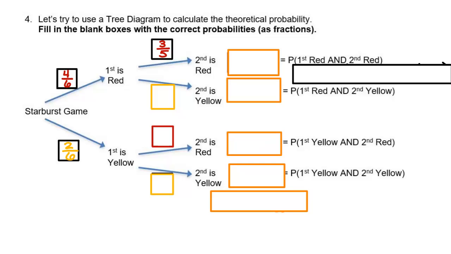So I take the probability of event A, multiply it by the probability of event B given that event A happened, and that gives me the probability of my intersection, my AND. So I'm going to take 4 out of 6 times 3 out of 5. What is 4 out of 6 times 3 out of 5? 12 out of 30.